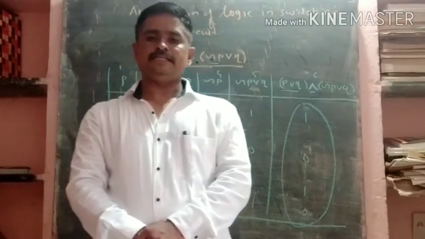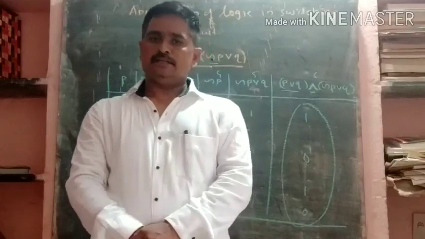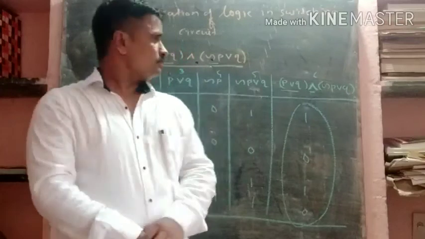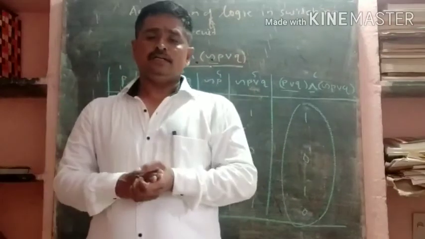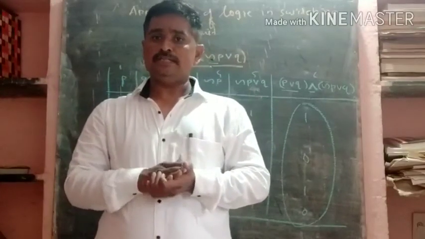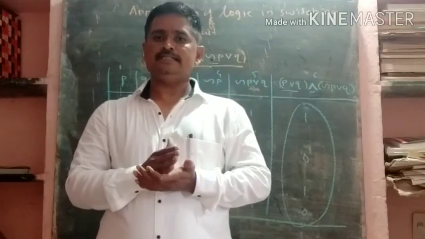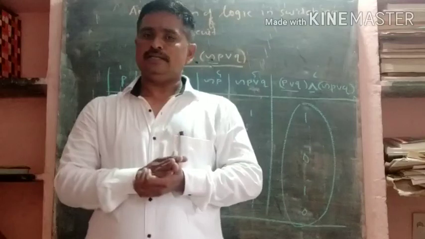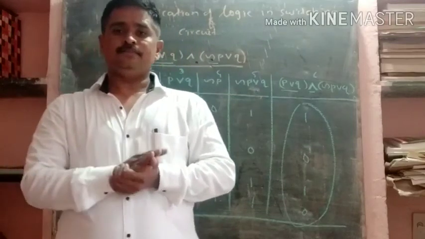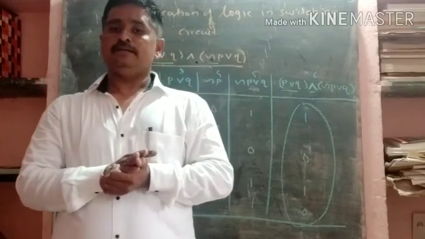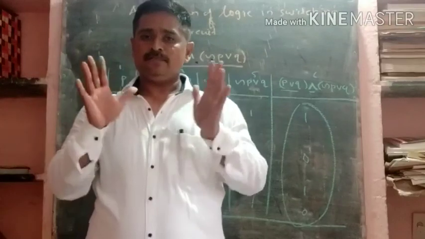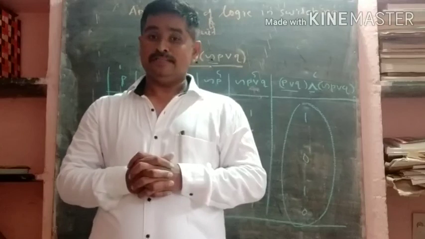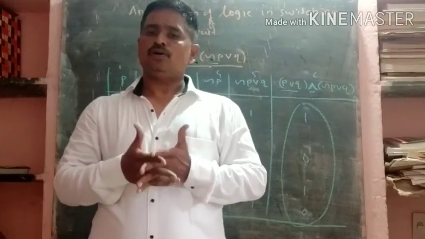Again after this we learned tautology, contradiction and contingency. These are 3 types, which can be determined by constructing a truth table of any logical statement, and we can conclude whether it is a tautology, contradiction or contingency.